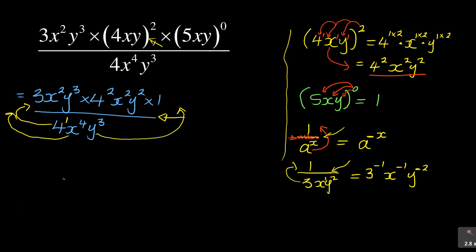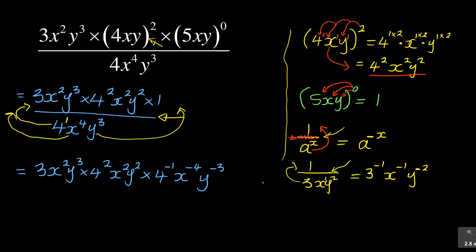So this will be equal to 3x squared y cubed times 4 squared x squared y squared, times 1 will not change anything, and then times 4 to the power 1 will become 4 to the power negative 1, x to the power 4 will become x to the power negative 4, and y to the power 3 will become y to the power negative 3.